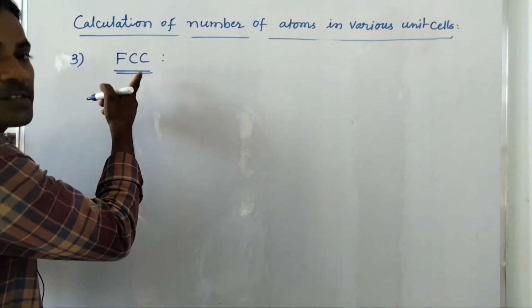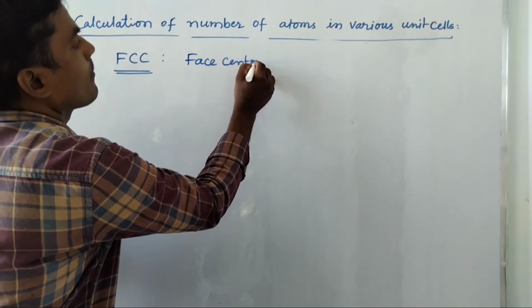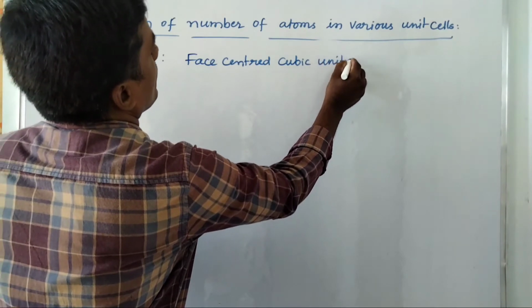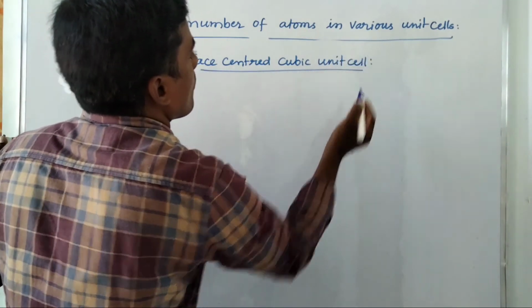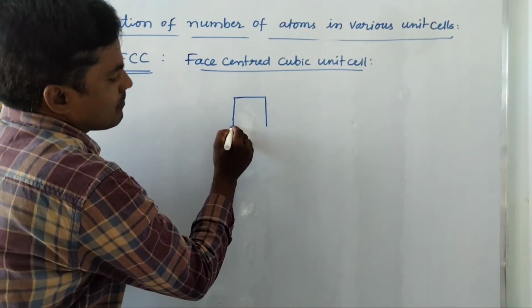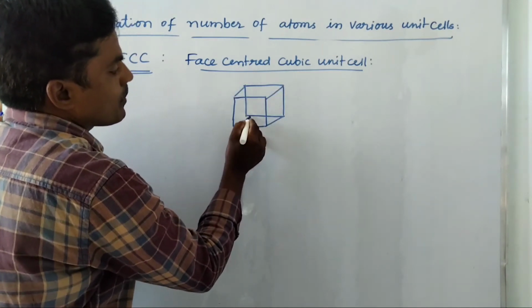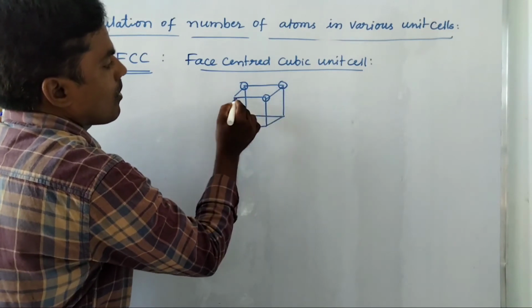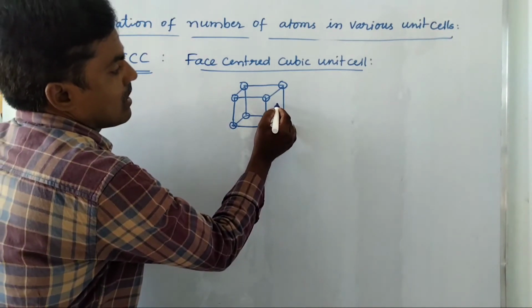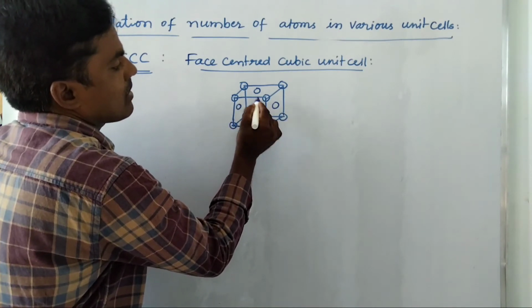In a face centered cubic unit cell, atoms are present at corner positions besides the atoms present at the center of the faces.